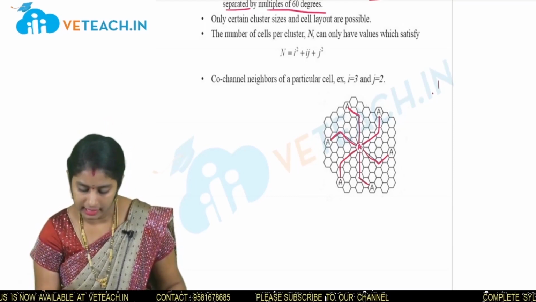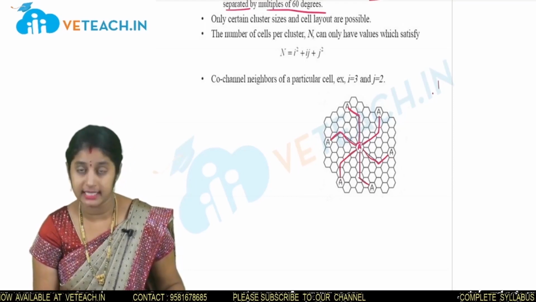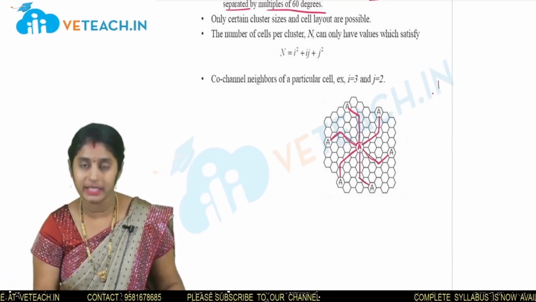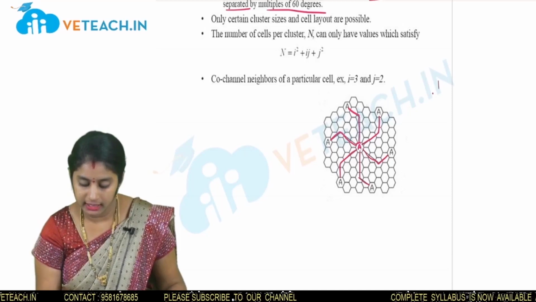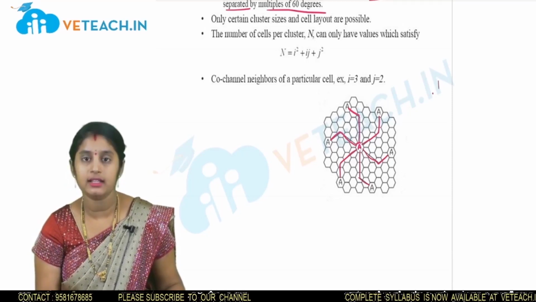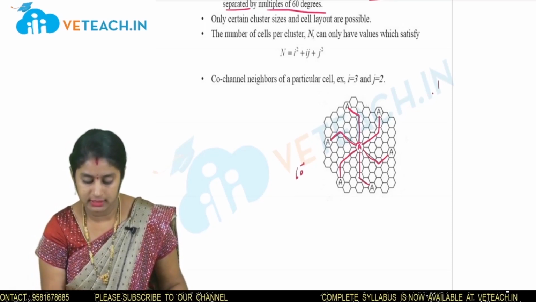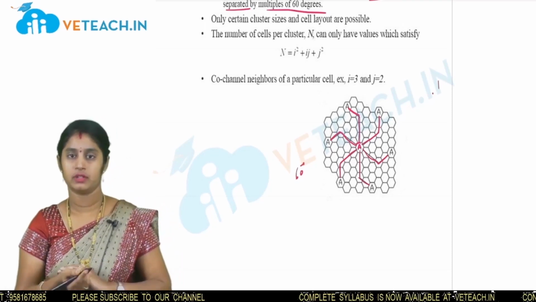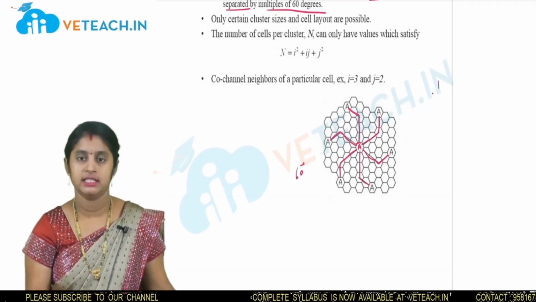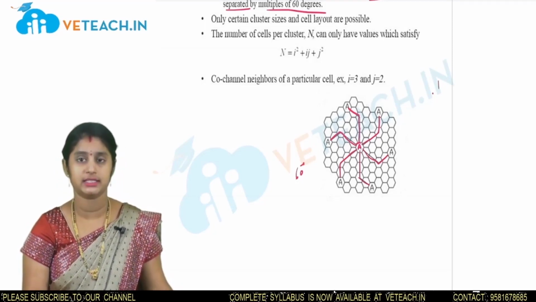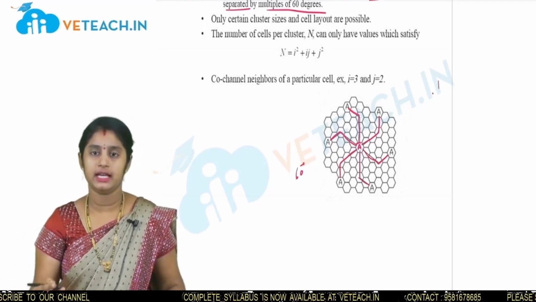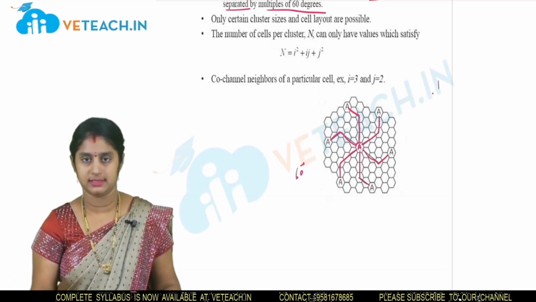So from the middle cluster it is going to connect to the farther clusters, right? Through a single line, that single line goes through different clusters separated by an angle of 60 degrees. Fine. If you consider this, the angle will be 60 degrees. If you consider this, the angle will be 60 degrees. So by using an angle of 60 degrees, it is separating the multiple cells.